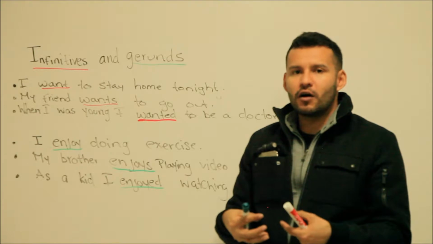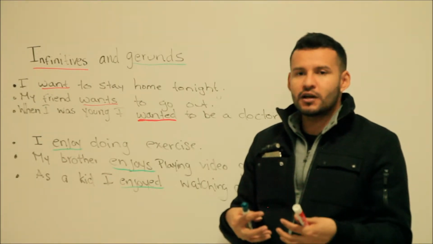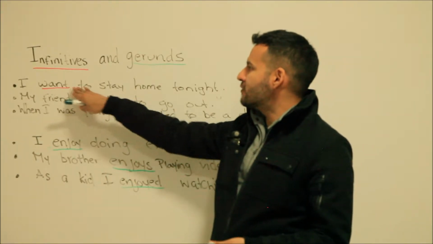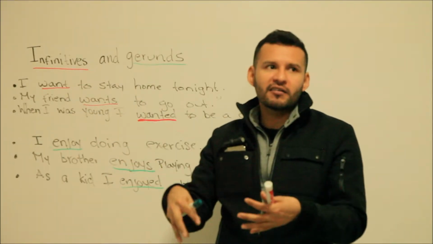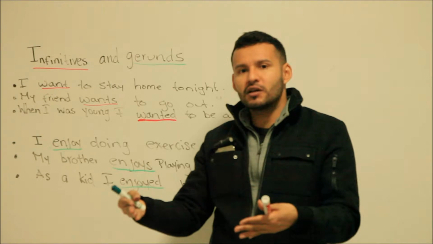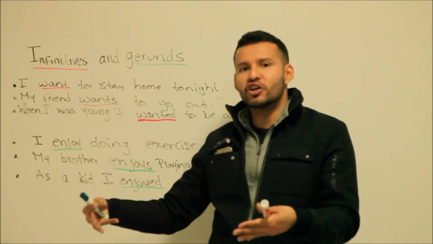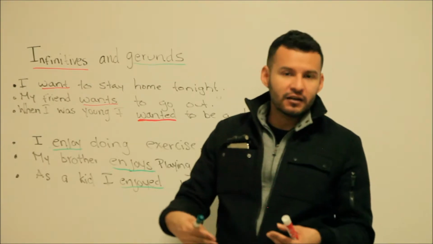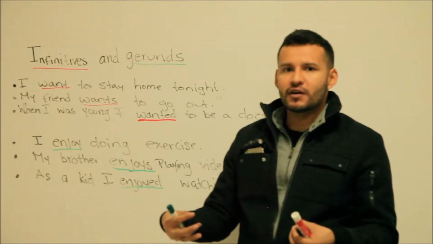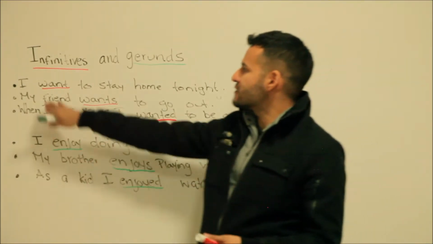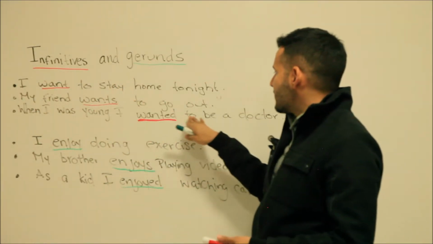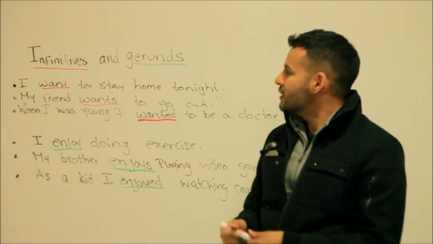However, it is very common in English to have a sentence where you have your main verb and then immediately after you have a second verb, occasionally even a third verb. And when that happens, the second or the third verb is not conjugated. So basically, the subject doesn't affect the second verb, and the tense doesn't affect the second verb.